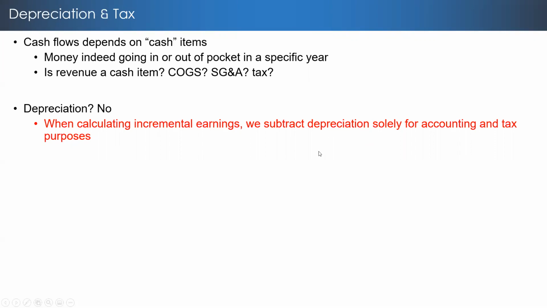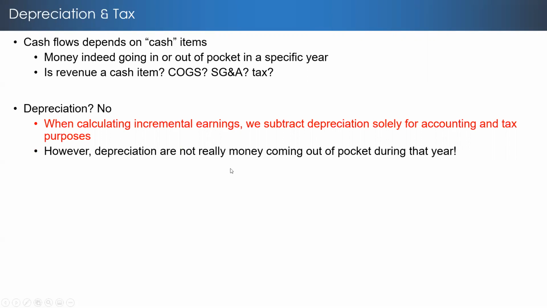To adjust for the subtraction of depreciation before the tax, we want to add depreciation back. That's sort of a very irresponsible way of explaining depreciation, but in many cases the depreciation is there solely because of tax purposes, solely because of accounting purposes to calculate tax.